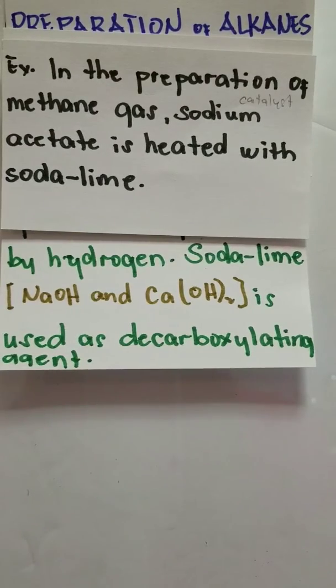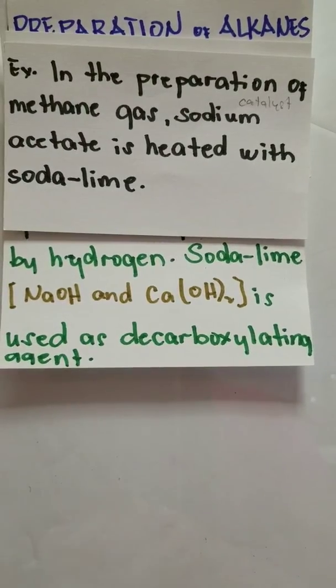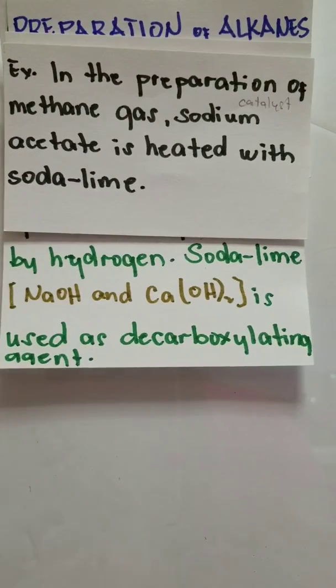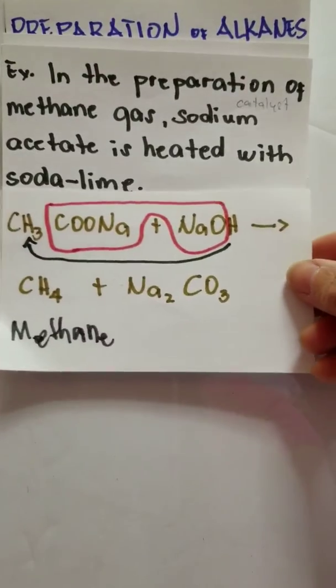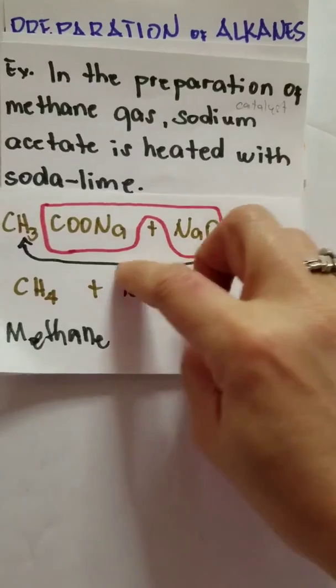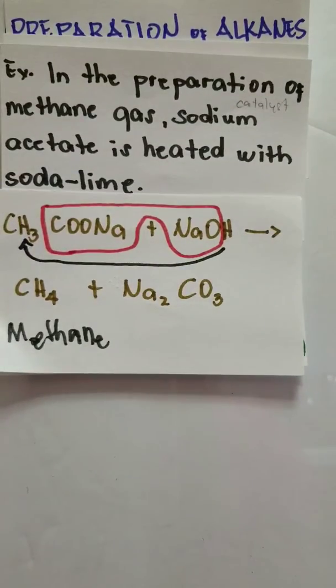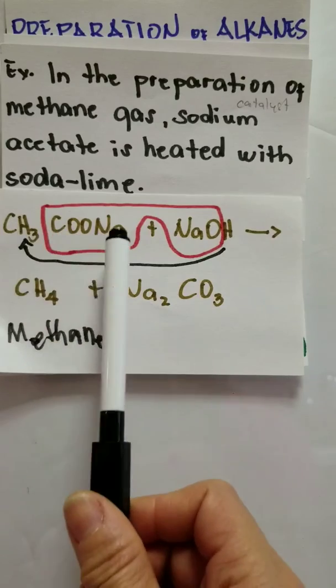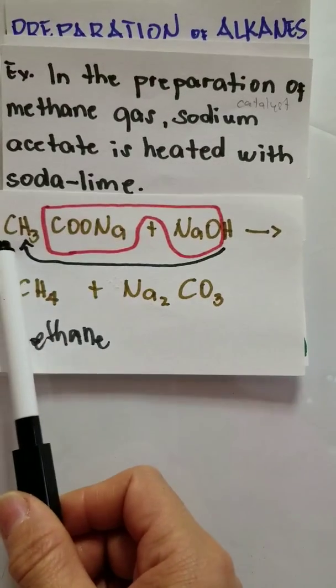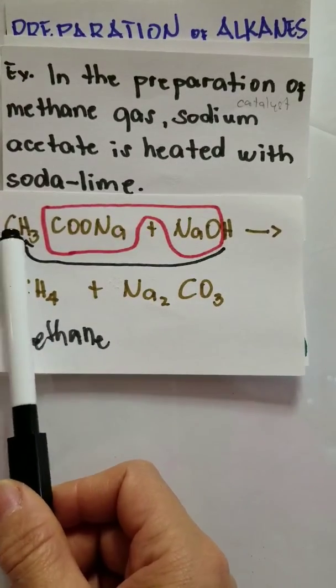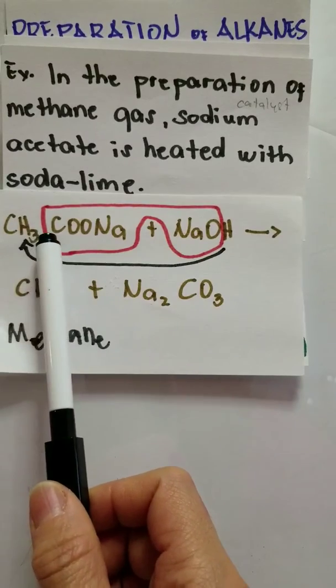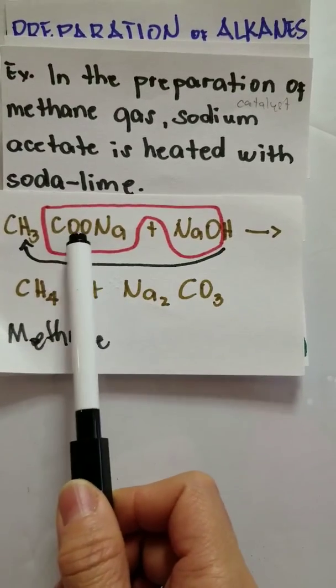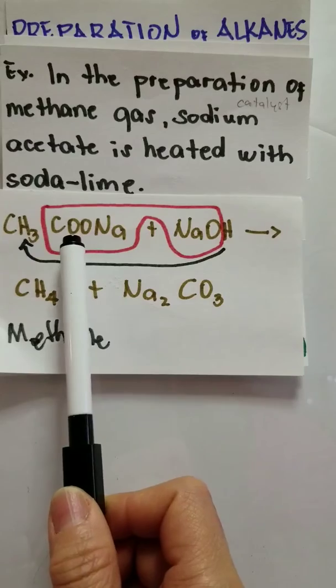In the preparation of methane gas, sodium acetate is heated with soda lime. Now this is the structure based on the general formula that we have. You have sodium acetate. Why acetate? Sodium plus 2 carbon atoms, so the prefix is eth, as in ethane.